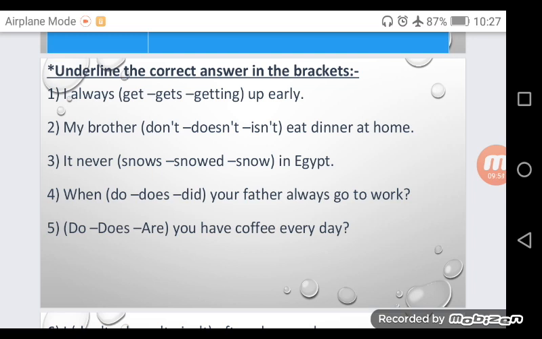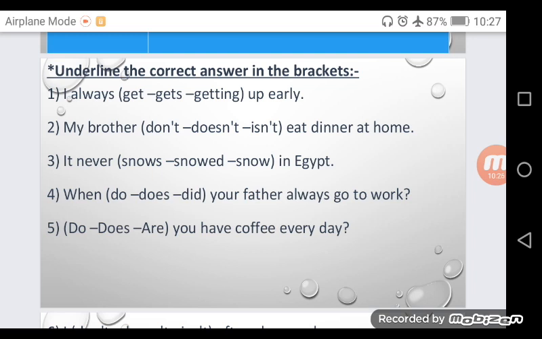But look after the brackets, we have eat. This word doesn't go with isn't in this sentence. So the correct answer is my brother doesn't eat dinner at home.